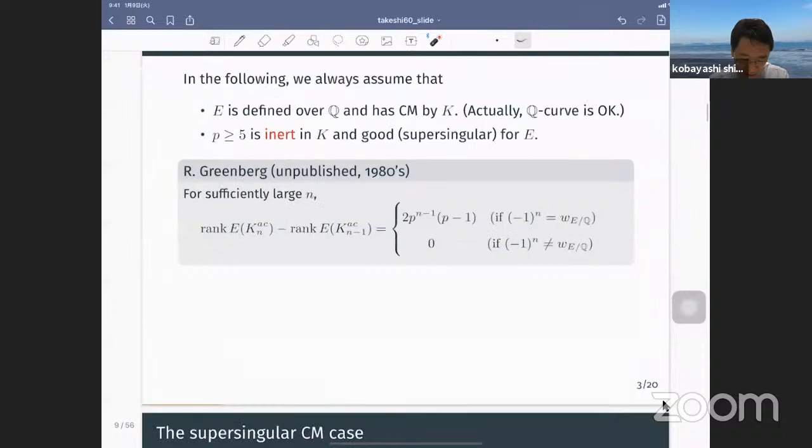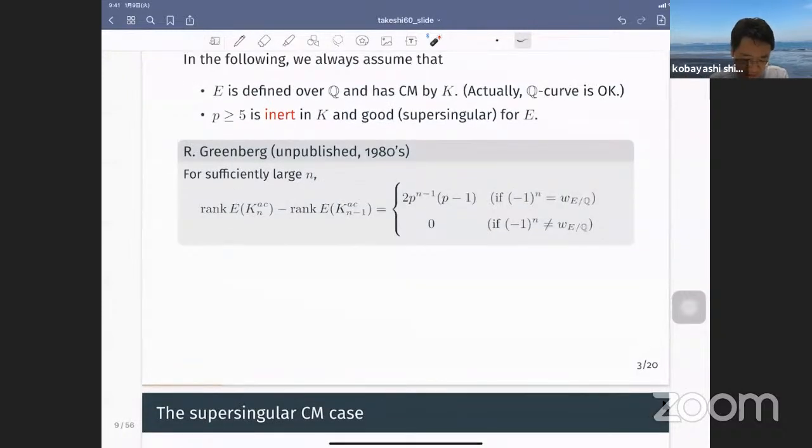So E automatically has supersingular reduction. And now the behavior of the Mordell-Weil rank is like this. It is a little bit strange. Depending on the root number, that is the parity of n, we have new points of infinite order in every other layer.